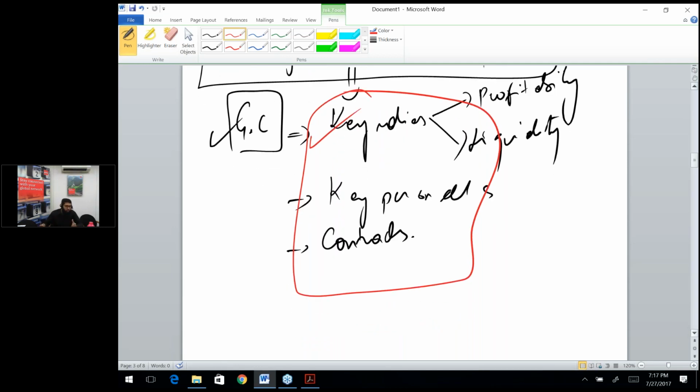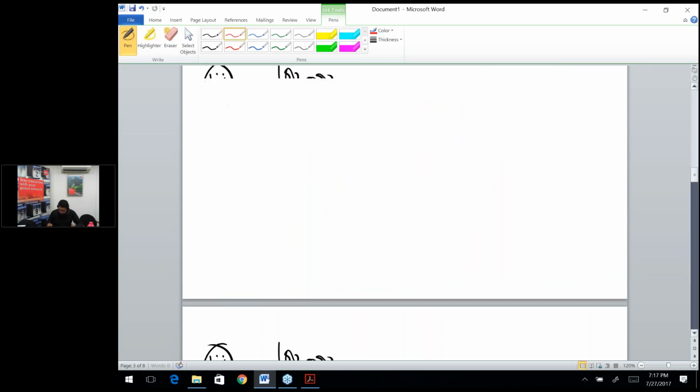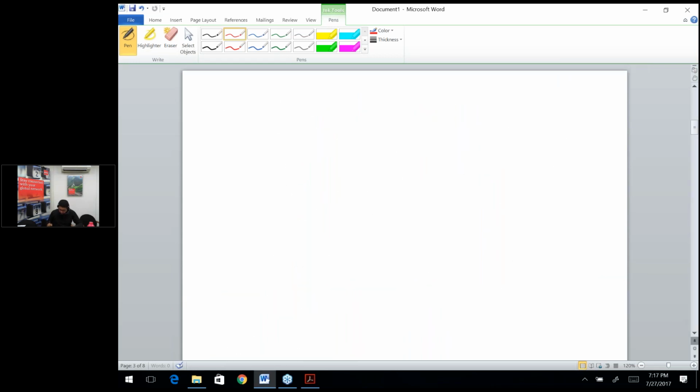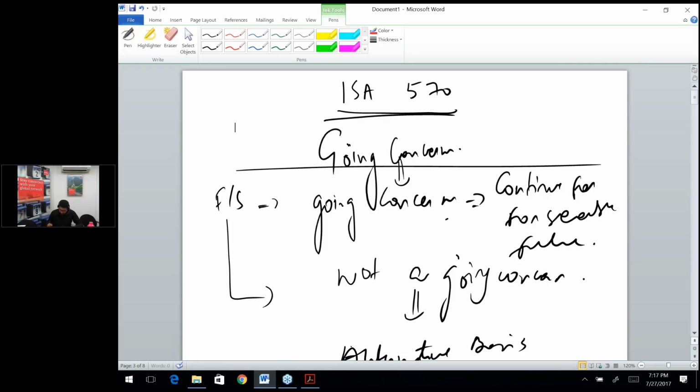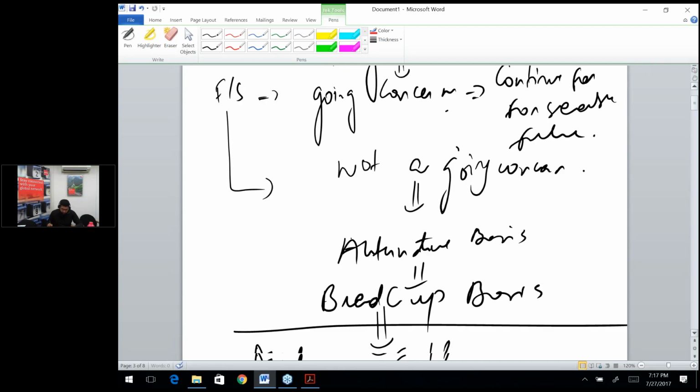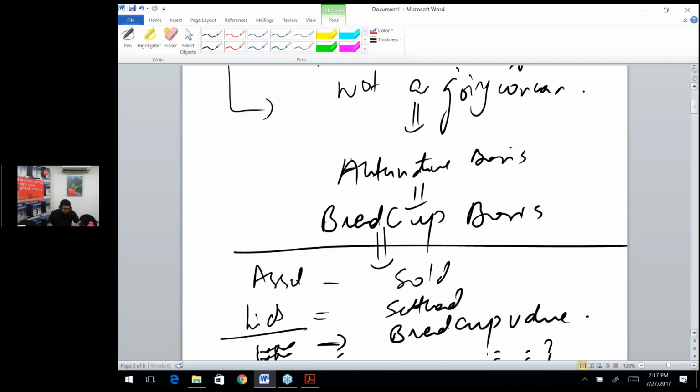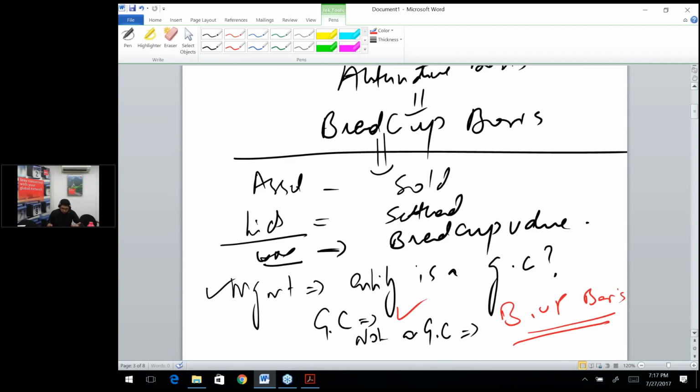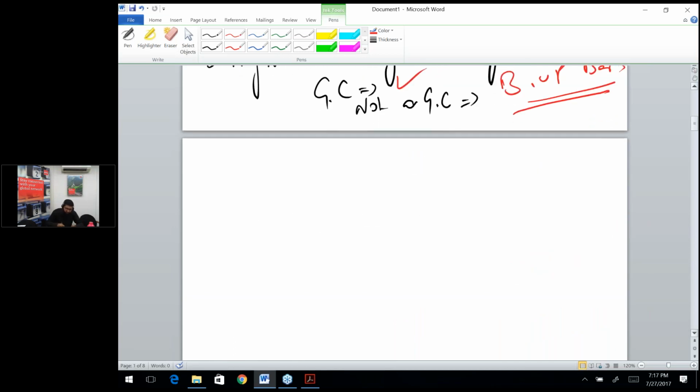If it is not going to continue for the foreseeable future, it's not a going concern. So as an auditor, first of all, we need to see if the entity will continue for the foreseeable future. If it is going to continue, then all is okay. If not, then there is an issue.